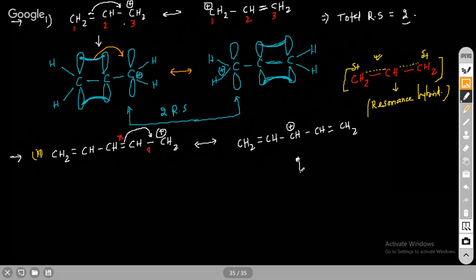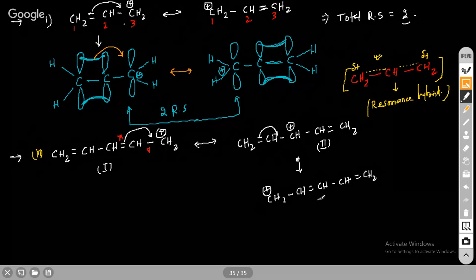Now in this, another resonating structure is also possible, because you see again it is pi, sigma and pi. If this bond here also, pi sigma and positive charge we have. If this bond comes over here, we'll get the first structure only, right? So this is the first structure, this is the second structure. Now when this pi bond comes over here, we can draw the third structure, which is nothing but CH2, CH double bond CH, single bond CH, and double bond CH2, and here we'll have the positive charge.